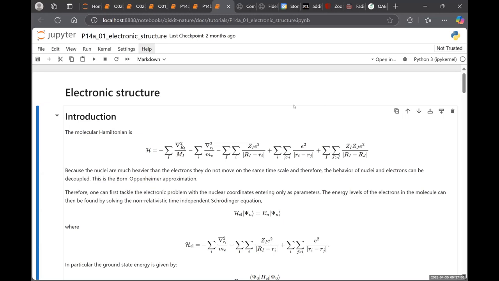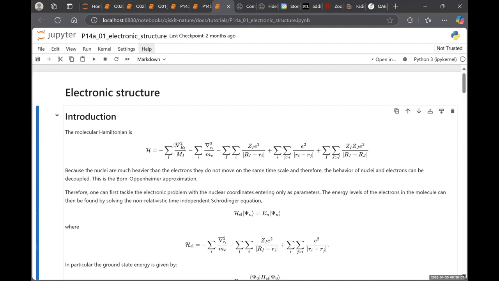Okay, so today we are going to talk about electronic structure. And here is the molecular Hamiltonian. They choose some normalization.